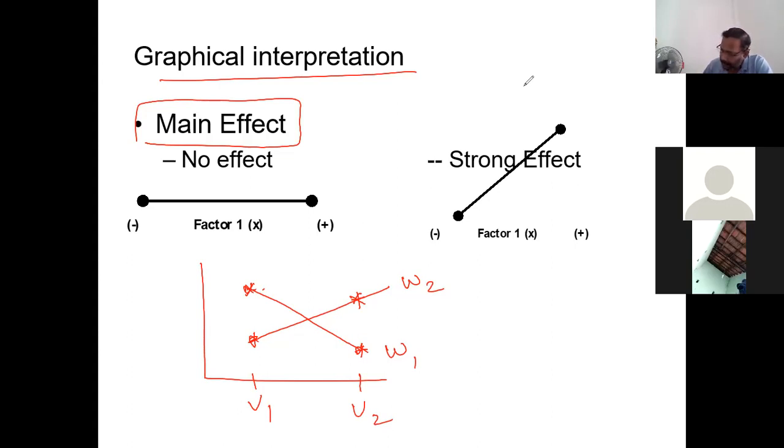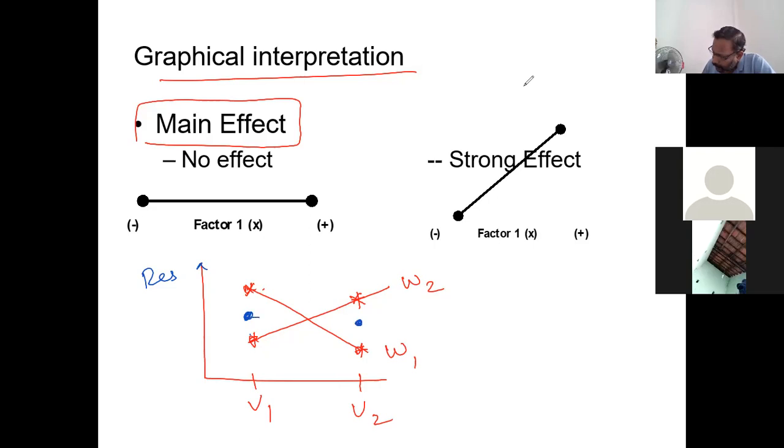Average of V1, this is the response, right? Average of V1 is the average of these 2 points, the average of W1 and W2 when variety is V1. That is the average of that. This is the average of variety 2.